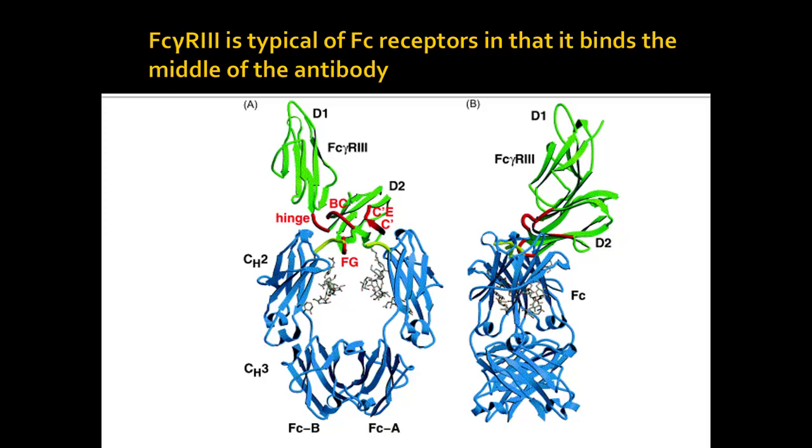The rest of the antibody goes up like this. And so Fc gamma receptors are different. There's something about, and that may be constrained by biology, maybe something about the way the immune system works, that it needs to grab the middle of the antibody. Everything else, we have 6 or 7 different examples that they all target this part right there.